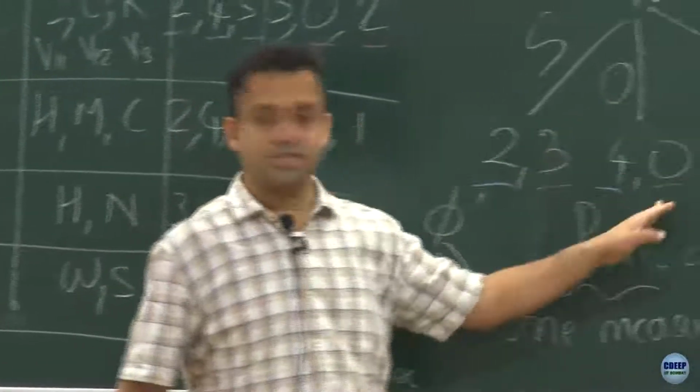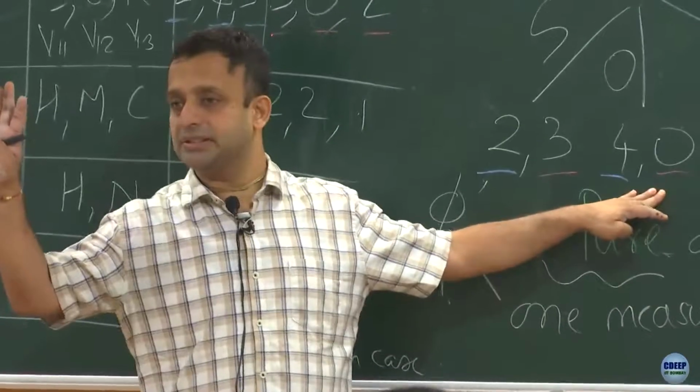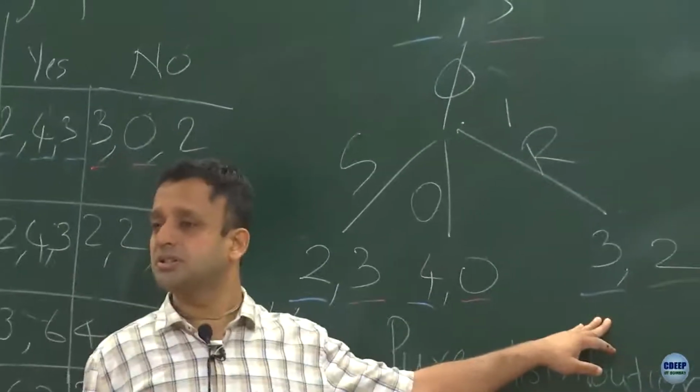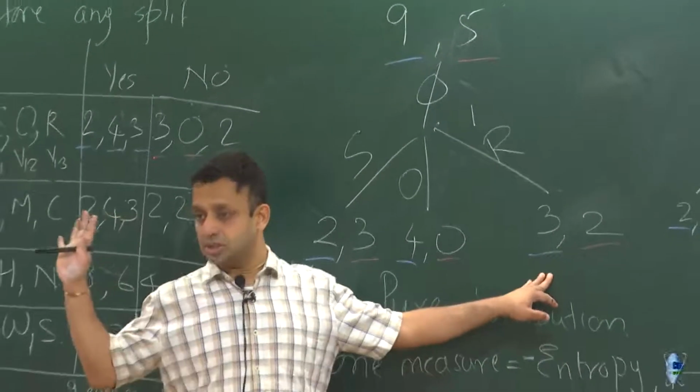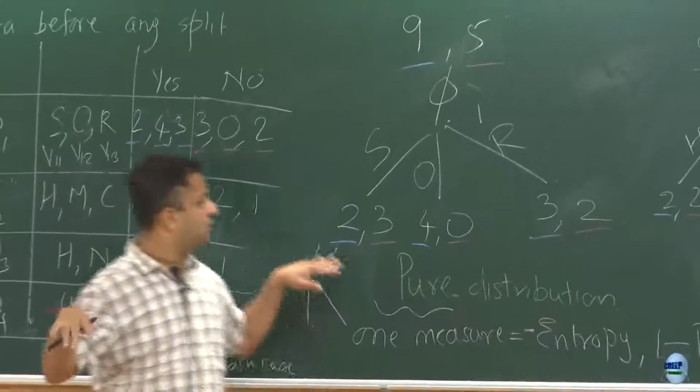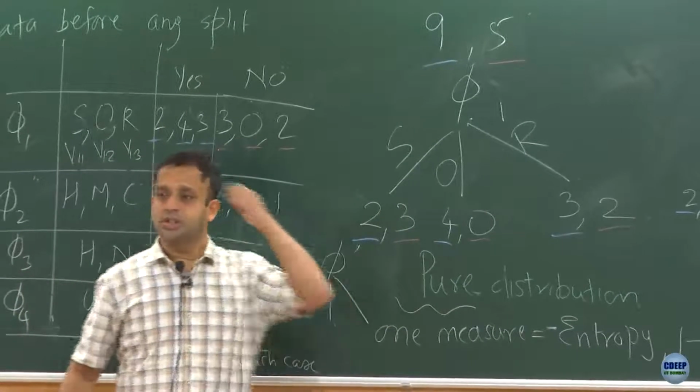Right. So look at this branch. This is pure. This has 4 points. This branch is not very pure and it has 5 points. This also has 5 points and similar kind of impurity.